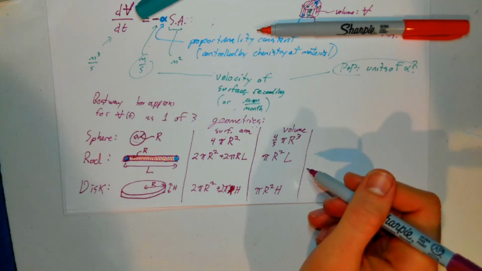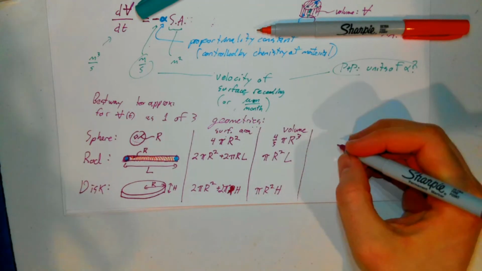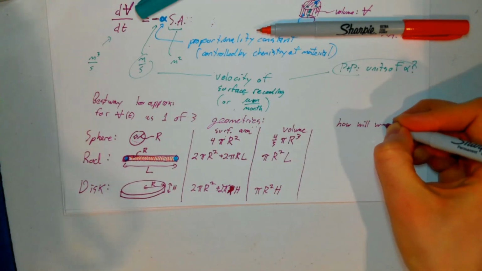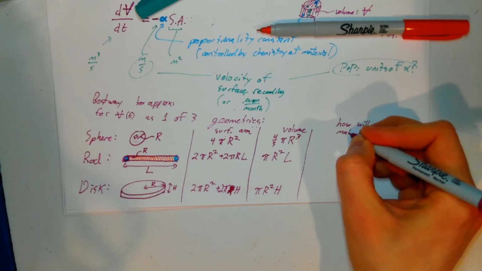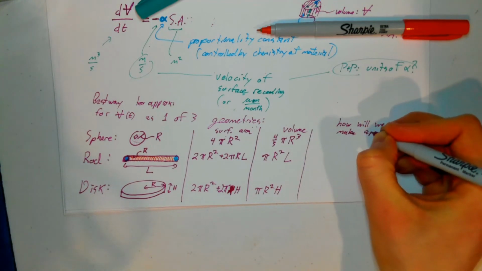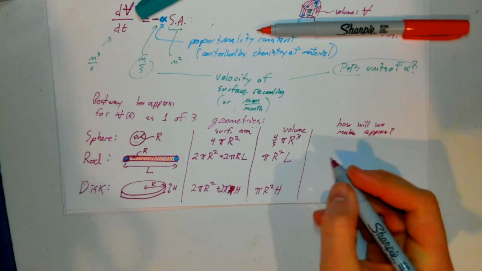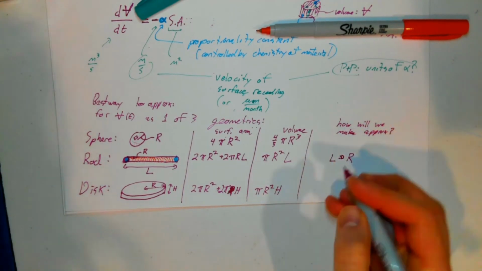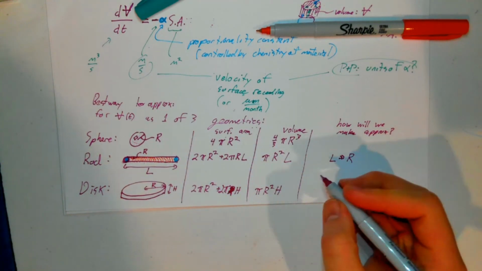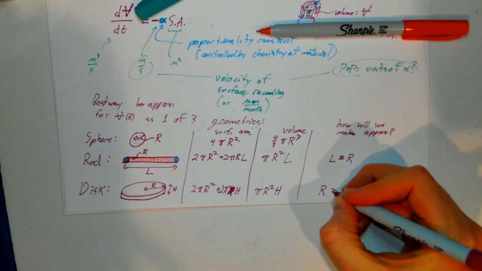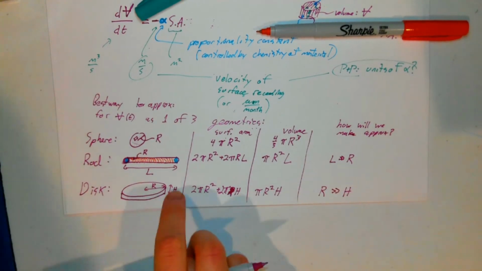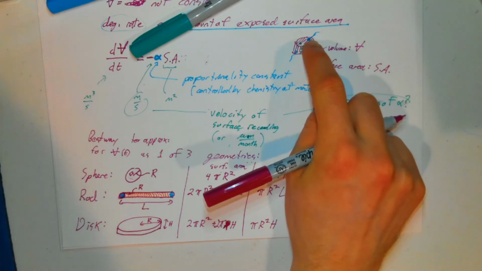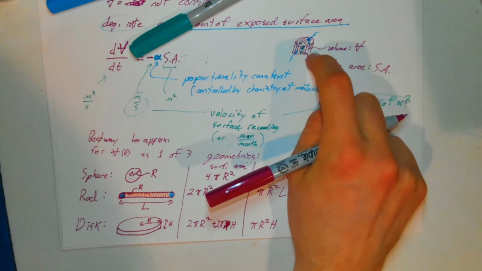And then, how will we make some sort of approximation? For the rod, we're going to say that L is much, much bigger than r. And for the disk, we're going to say the opposite is true: r is much, much bigger than h. We're going to avoid things that are kind of pill-like, where r and h are of a similar magnitude.